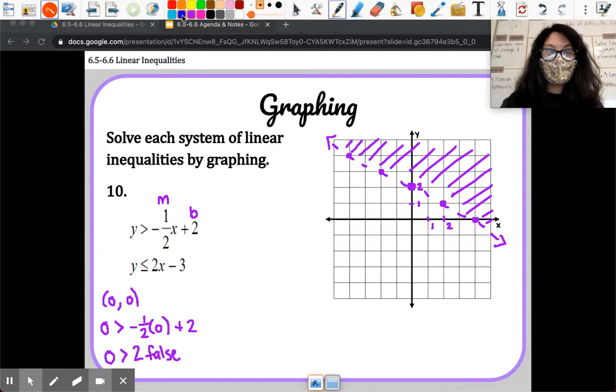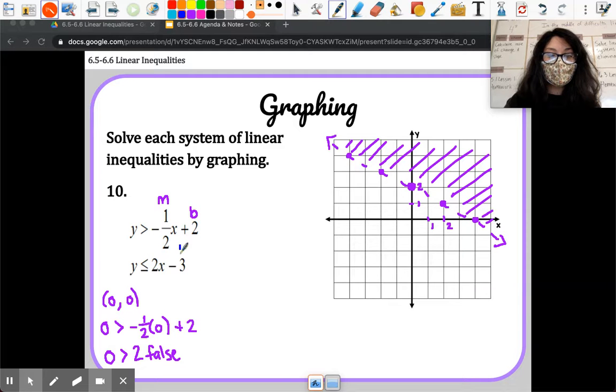All right, so now I'm just going to change color so we can really see what's going on here. This is where it can kind of get a little tricky because you already have something on that graph. So when we go to graph this inequality, you kind of have to imagine that the inequality that I already graphed isn't there. We don't want it messing us up. So I'm going to graph it just the same.